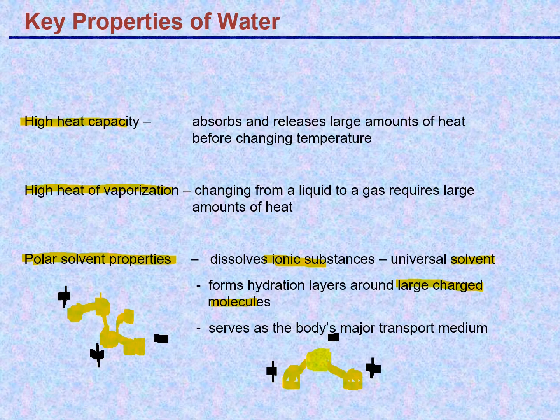So it acts very well to form a hydration layer and to dissolve things because they'll break apart, they'll go into solution. Each individual molecule of this substance will be completely surrounded by water because of the polar solvent properties of water.